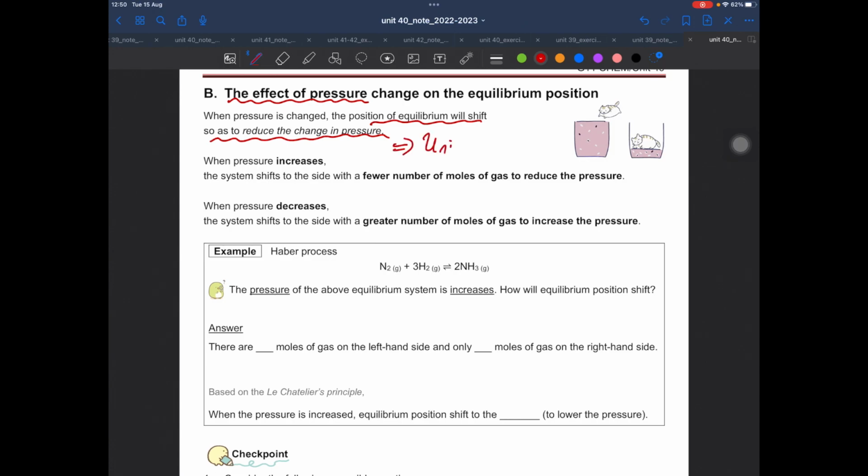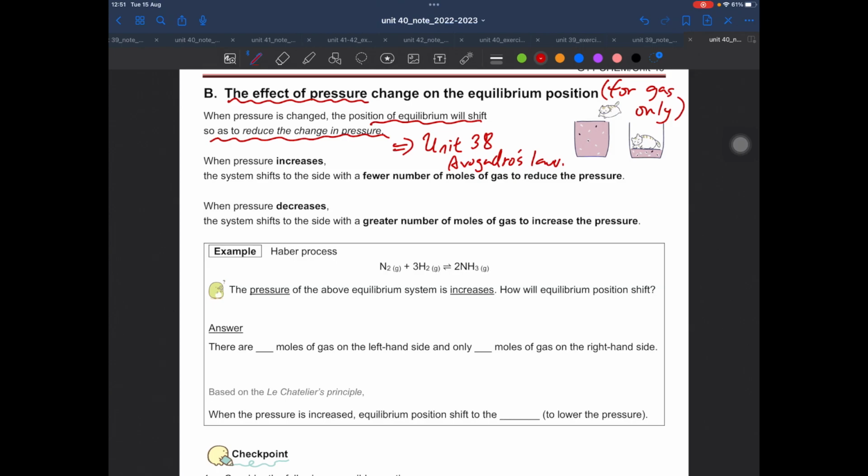So this is related to Unit 38, Avogadro's law. Or I should say this is for gas only, because there is no point to study liquid, aqueous, or solid components. Okay?